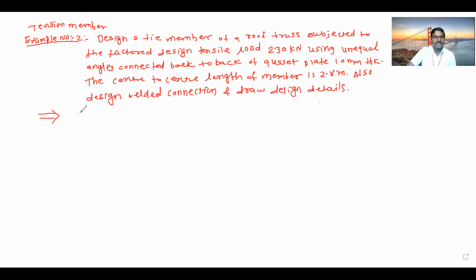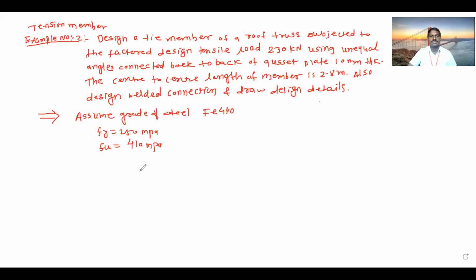So we assume grade of steel Fe410, it means Fy is equal to 250 MPa and Fu is equal to 410 MPa. MPa means Newton per mm square. Okay, so this we have assumed. Now we will follow the procedure.